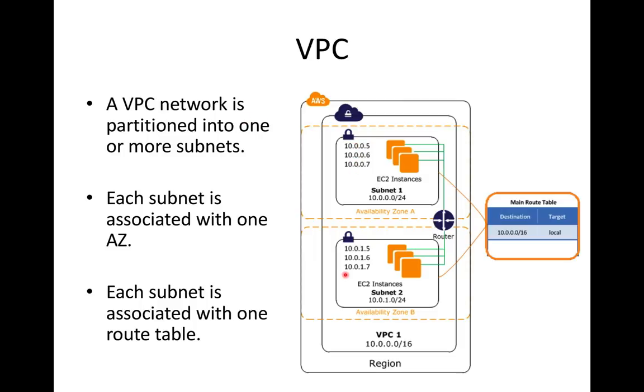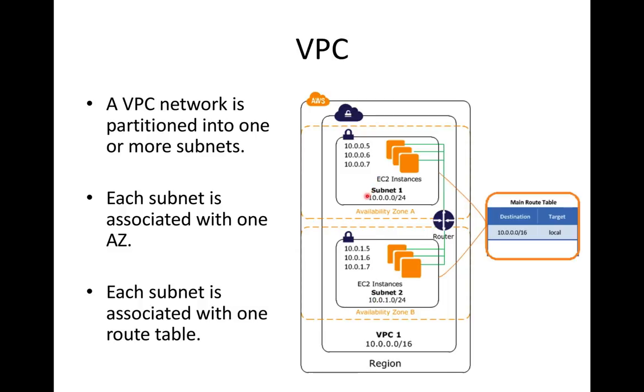So here's an example where the VPC was given a private IP address range of 10.0.0.0/16. We then created 2 subnets within that VPC. We have subnet 1 and subnet 2.